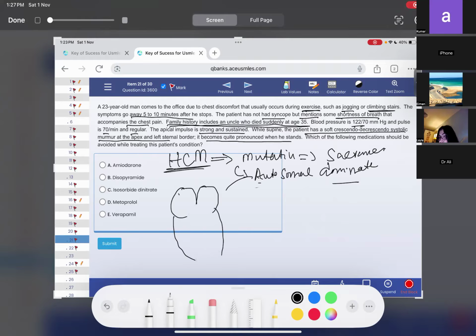Let me draw it for you. I have made the left ventricle a little smaller than the right ventricle. Normally the left ventricle is a little bit bigger than the right ventricle. So this is the hypertrophic cardiomyopathy.